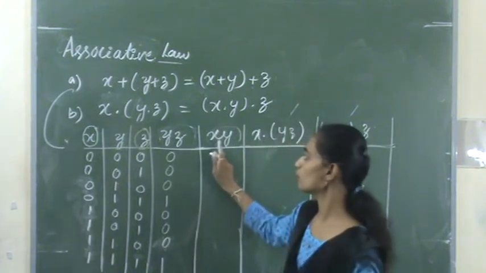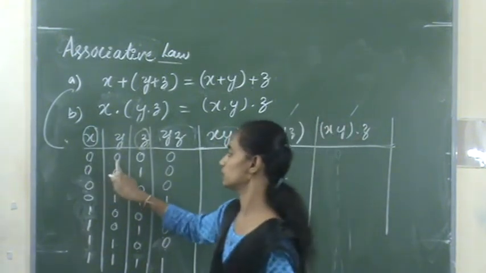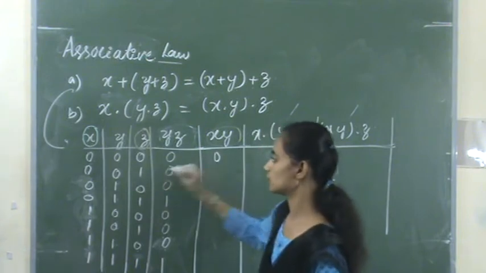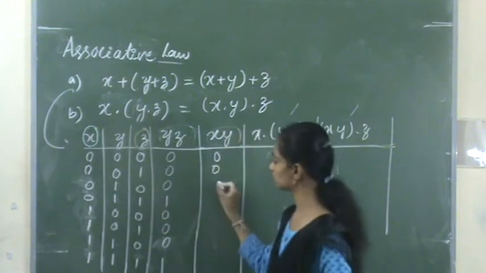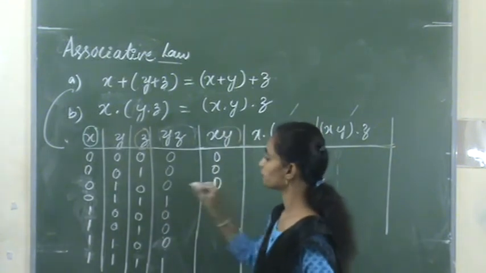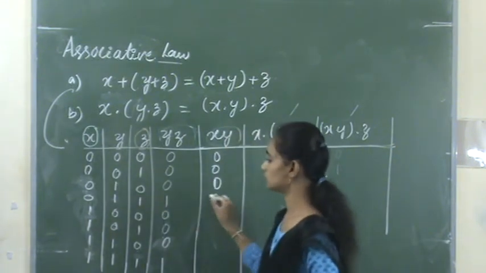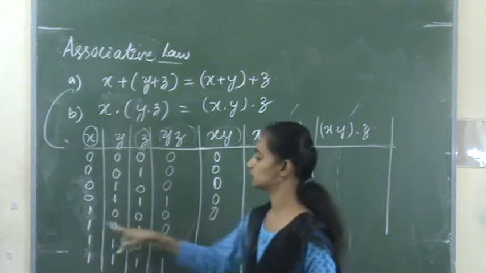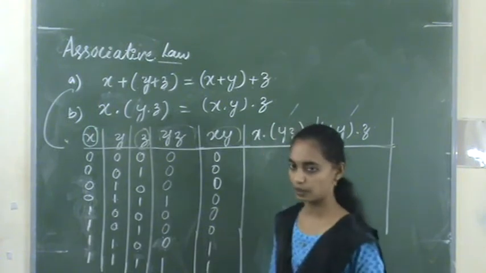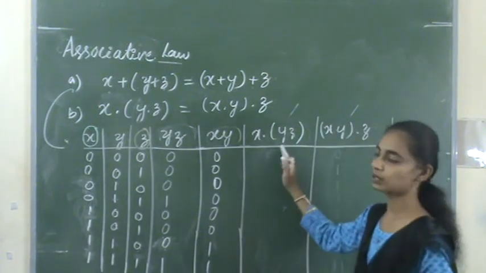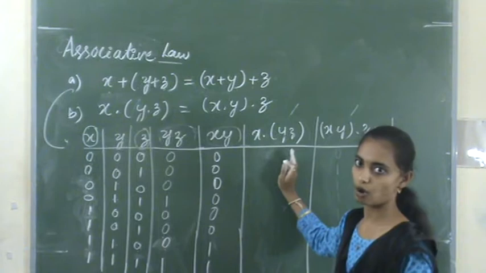Then we have to perform x into y. So this into this. 0 into 0 is 0, 0 into 0 is 0, 0 into 1 is also 0, 0 into 1 is 0, 1 into 0 is 0, 1 into 0 is 0, 1 into 1 is 1, 1 into 1 is 1. So now we have to perform the main logic AND operation.